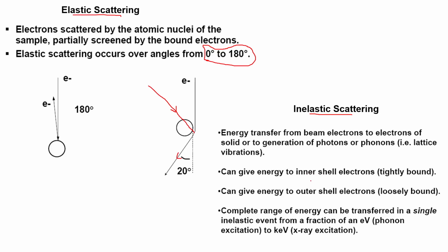So there will be a complete range of energy transfer in a single inelastic event, and a big range in which the electron energy values will be present. In the elastic case the electron energy will be the same, but in the inelastic case the energy of the electron will vary very much.